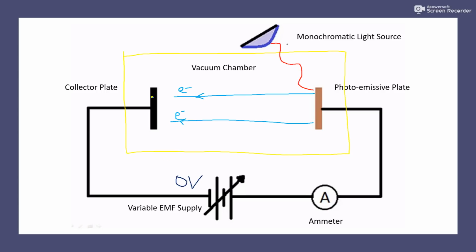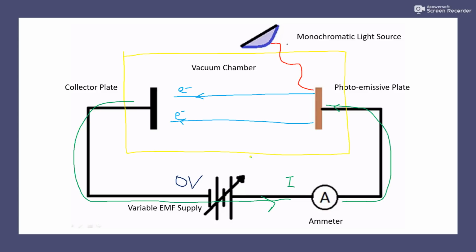When the collector plate receives these electrons, the electrons will then travel through the circuit, and this ammeter will read any current traveling through the circuit. As the electrons return to the photoemissive plate, they will repeat the entire cycle again and again as long as the light is incident upon it.